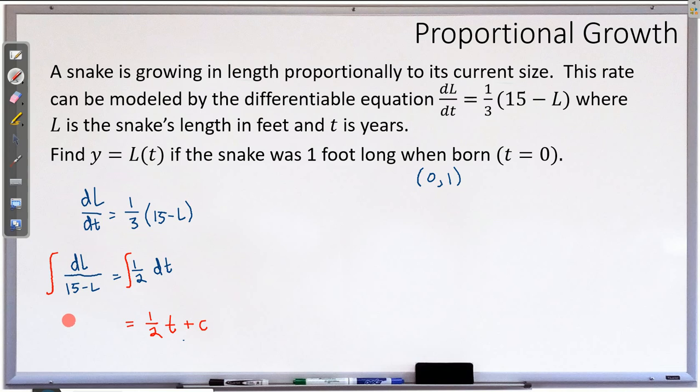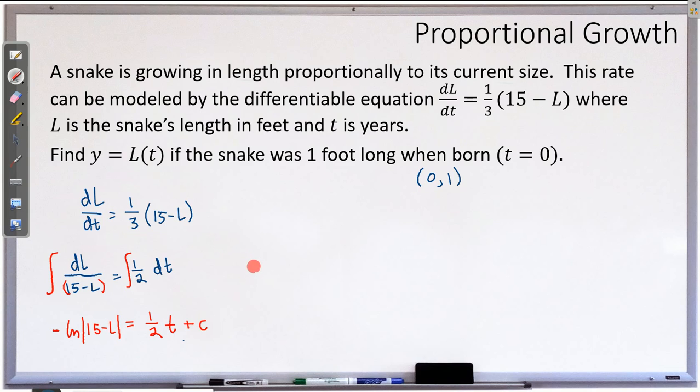It's still going to be a natural log of the absolute value of 15 minus L, because it's 1 over, and you would make all of this u. But because the L is negative, when you took the derivative, your derivative would be a negative, and that negative would stay. So if you want to check it, do a u substitution on that to check. That negative is an easy thing to forget.